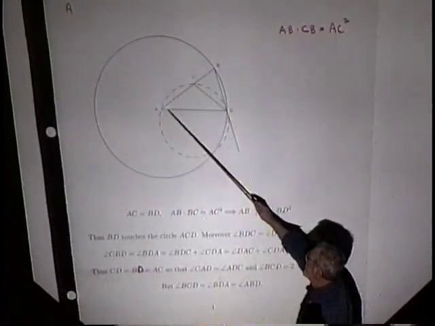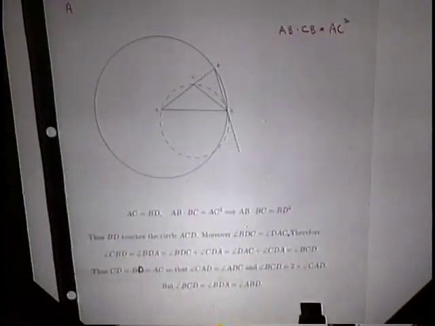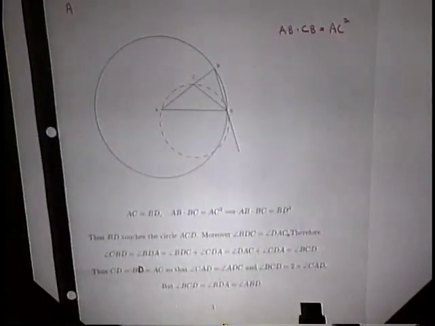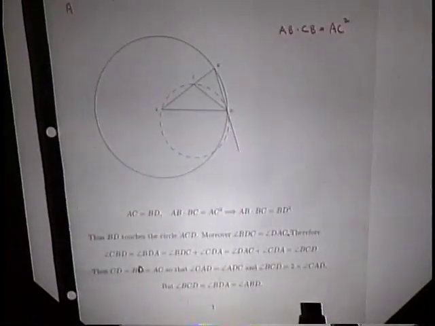This side is a radius of the circle. This is another radius. So the two sides are equal, and therefore the opposite angles are equal. So angle CBD is equal to angle BDA. But angle BDA is made up of two smaller angles, BDC and CDA. That's clear. Now where can we go from there?